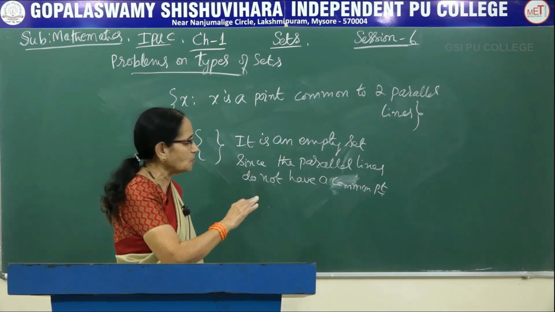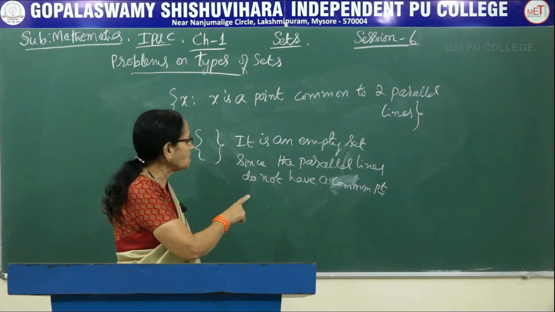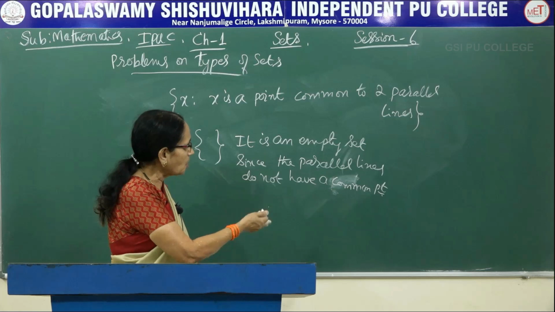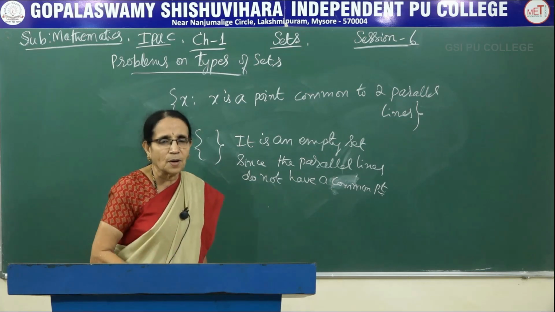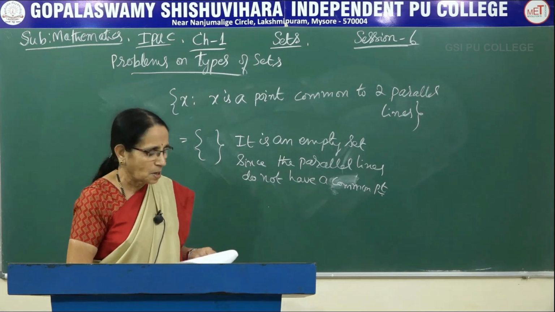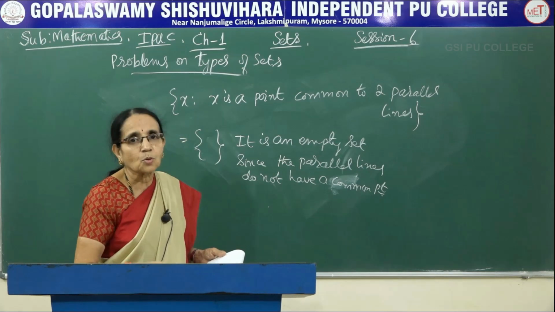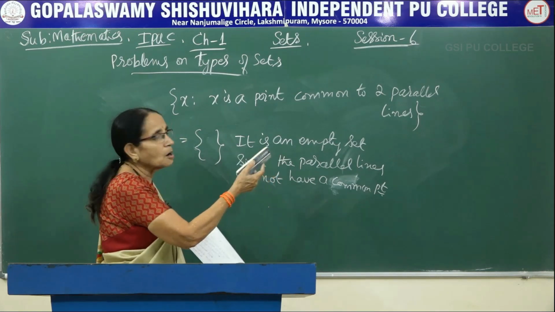The same meaning is given by writing in two different ways. You can write since the parallel lines do not meet or do not have a common point, or there is no point common to both the lines. That can be expressed in 2-3 different ways, but it should give the correct meaning. Therefore, what type of set is it? It is an empty set because we do not have any common point lying on both the lines here.